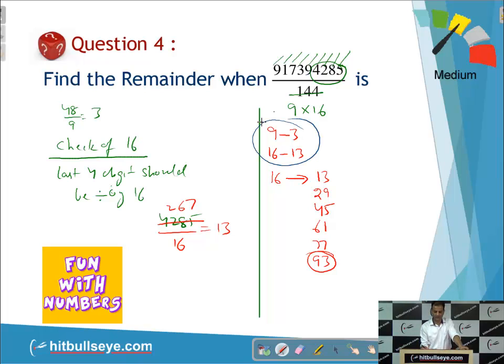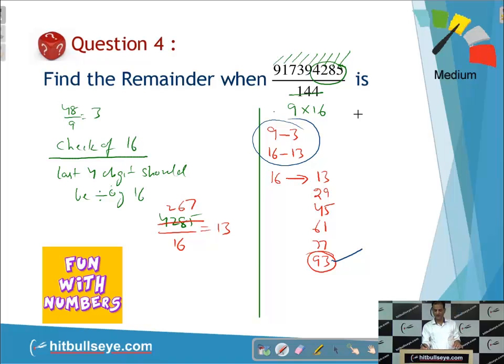Both conditions are satisfied, because 93 gives remainder 3 when divided by 9 and remainder 13 when divided by 16. Now, students, here we are making a cycle, but believe me, in the exam you are not supposed to make a cycle.